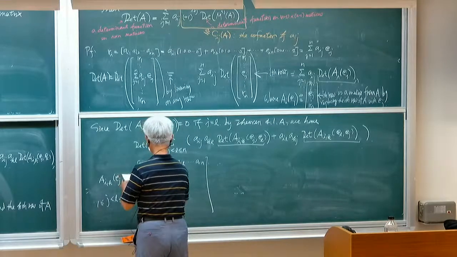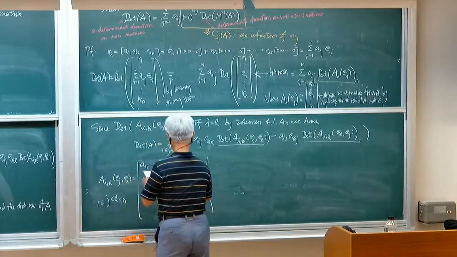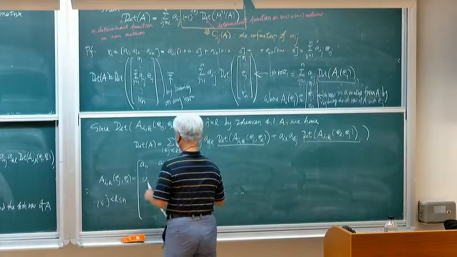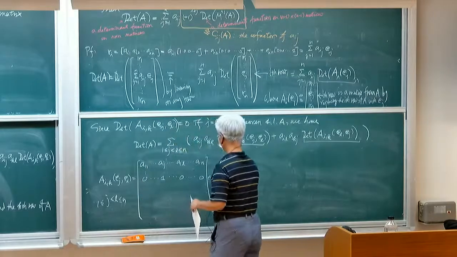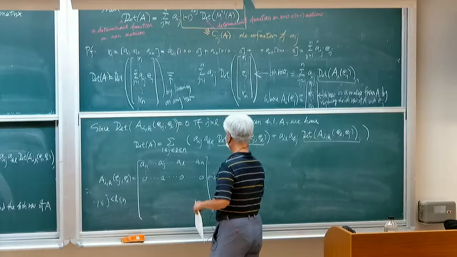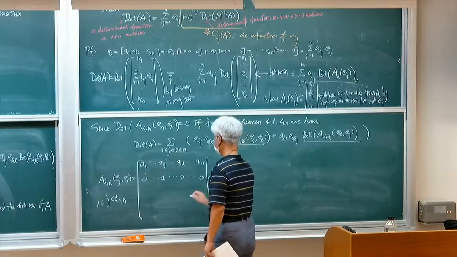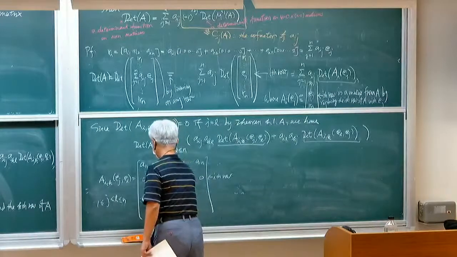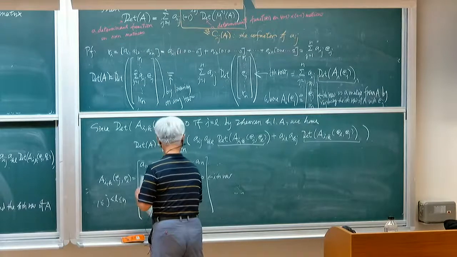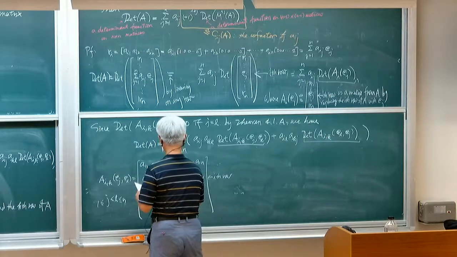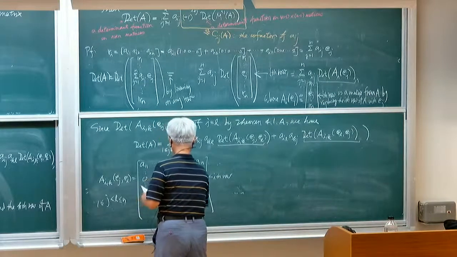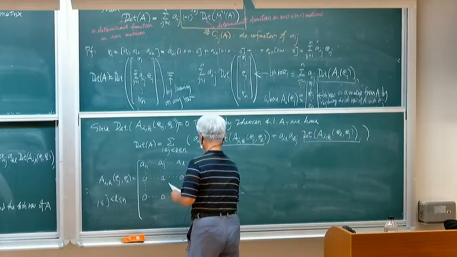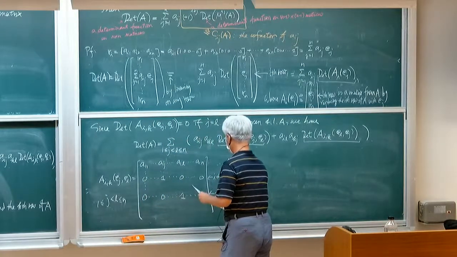And the 0, 1, 0, 0. And so the ith row, I is upper than the kth row. So this is the kth row.